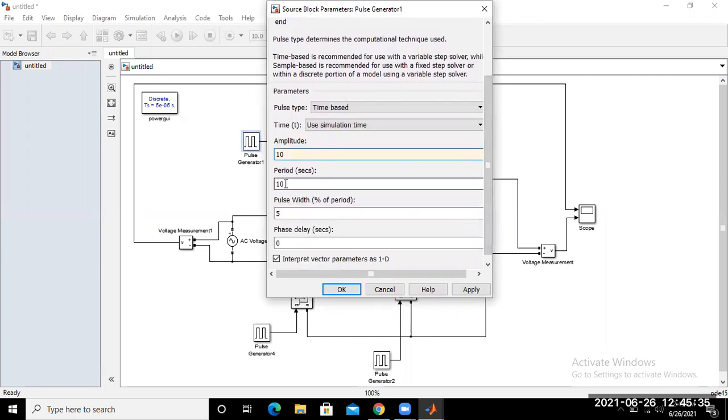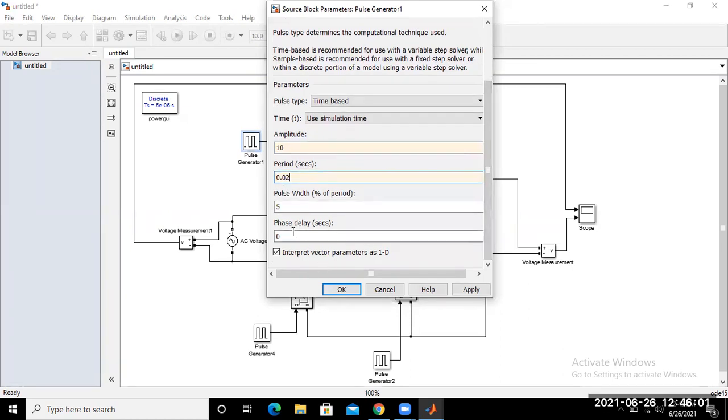What is the period? That means 0.02, because the frequency is 50 hertz, so the time period is 1 by 50, which equals 0.02. Pulse width, percentage of period, suppose 5. Next.